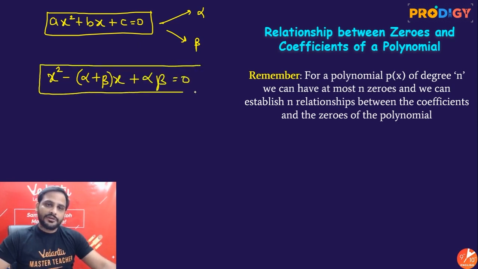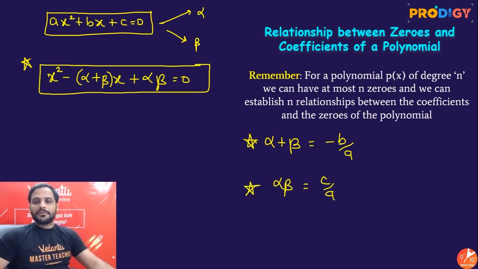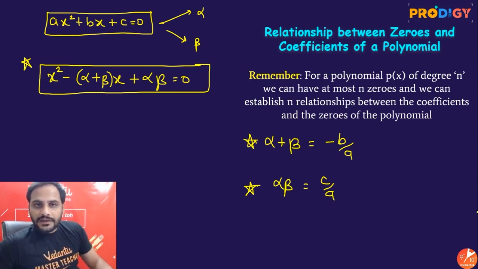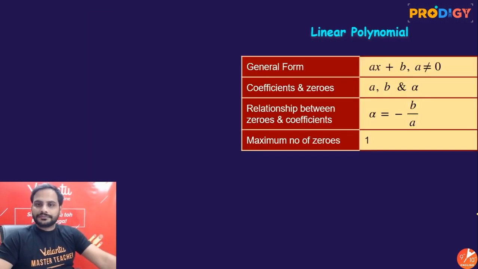This is the polynomial form which we need to remember. And also we have learned that alpha plus beta is equal to minus b upon a, and alpha into beta is equal to c upon a. Please do not forget the sign, minus b by a. Negative is over here, minus b upon a. b is the coefficient of x, a is the coefficient of x square, and c is your constant term.